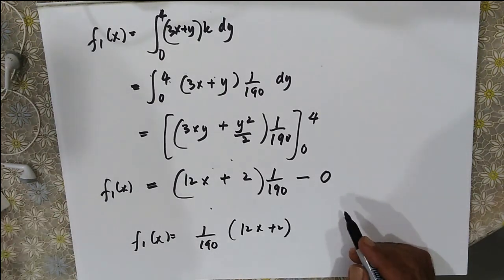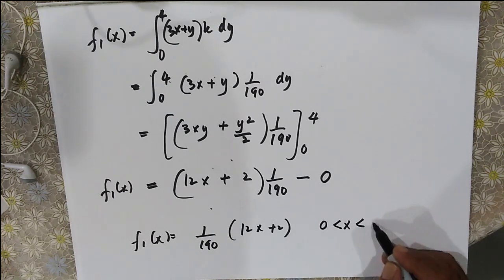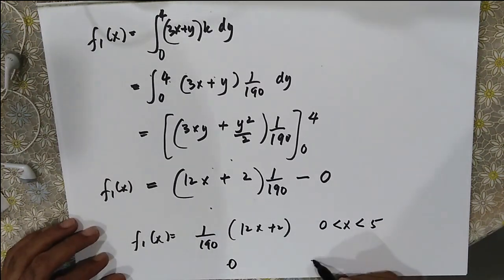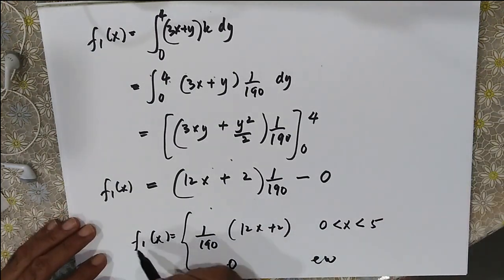The limit for x here is x between 0 and 5, and 0 elsewhere. This is how we write the marginal of x.